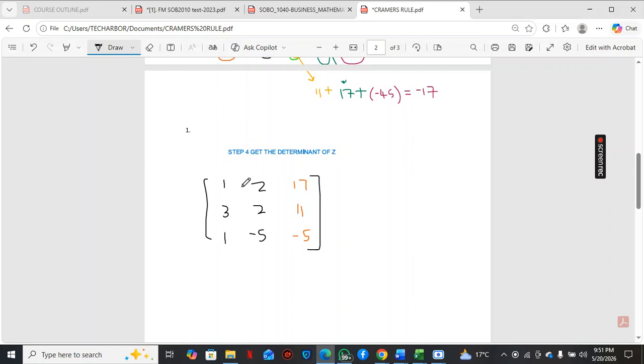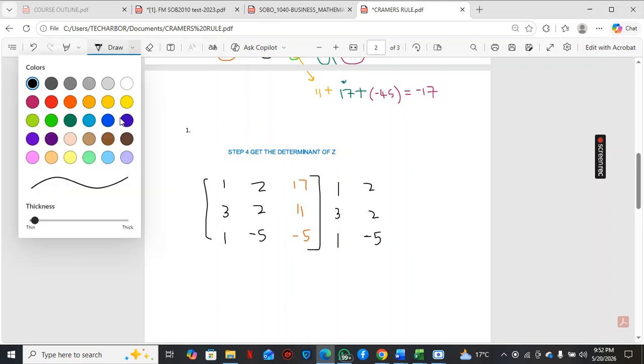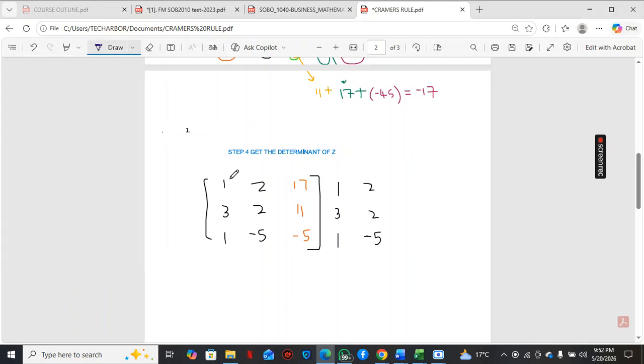Okay. So as always, the first two columns, you put them outside. 1, 3, 1, 2, 2, negative 5. So we start getting our diagonals now. 1 multiplied by 2 multiplied by negative 5. So 1 times 2, that is 2. 2 times negative 5, that is negative 10.